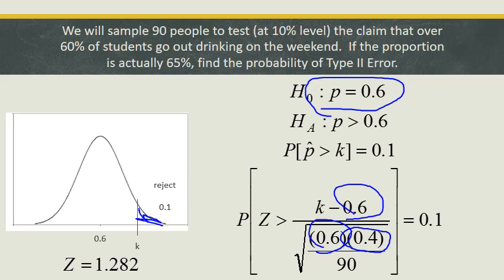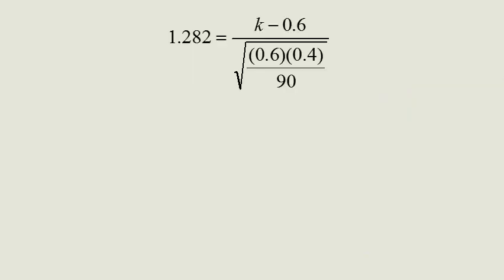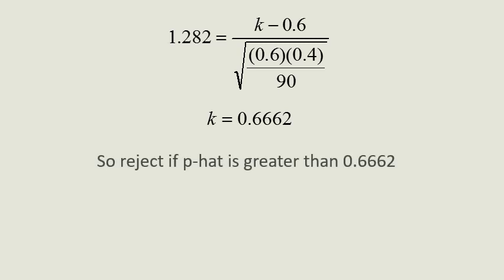So set the z formula equal to 1.282 and solve for k. And we get the critical value is equal to 0.6662.